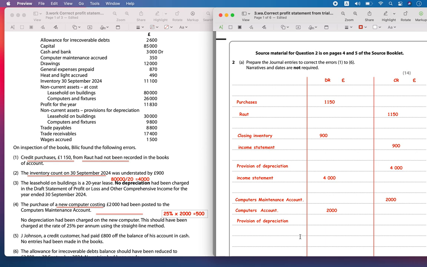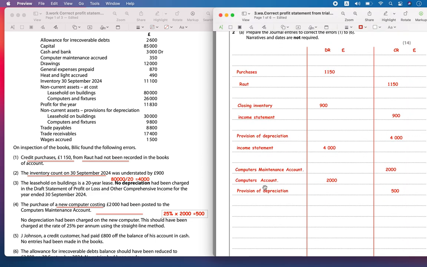So we have to charge this. For charging the provision for depreciation, we will include it on the correct side as 500, and this we have to transfer to the income statement as an expense of 500.